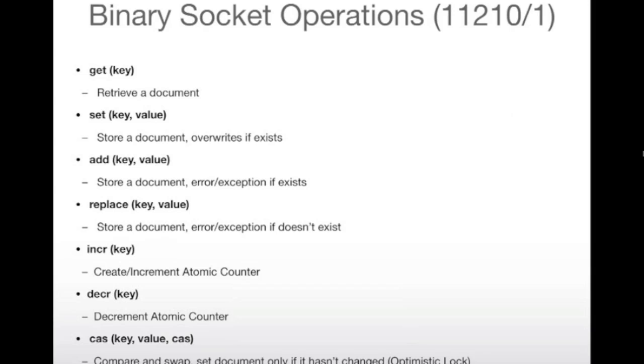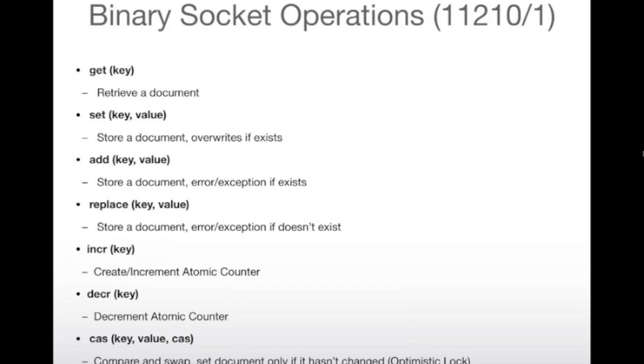And typically I use add and replace more than I use set, because set will always overwrite it whether it exists or not. And then we have increment and decrement for atomic counters, and atomic counters are a very powerful feature in Couchbase, which are used all the time, particularly for things of a financial nature, like even in gaming, you've got your points, or whatever money you're earning in the game.